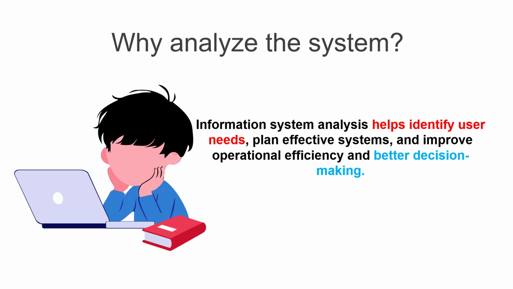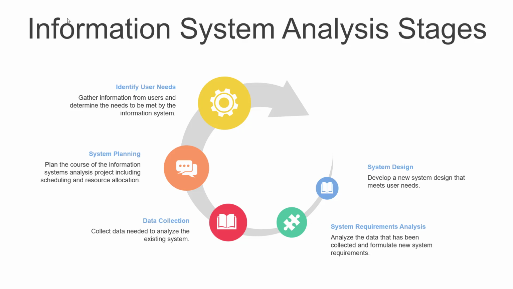If you define your problem, then you can also define the user needs. And of course, if you have identified the user needs, you can make better decisions for the user also.